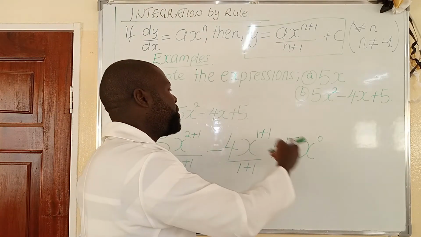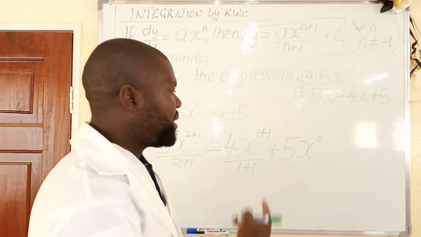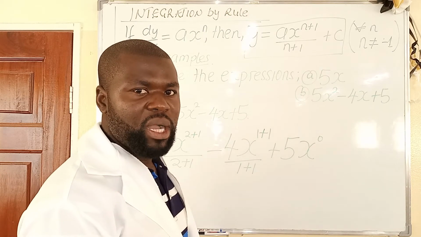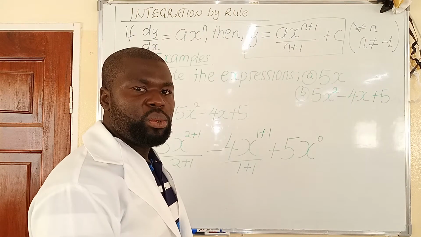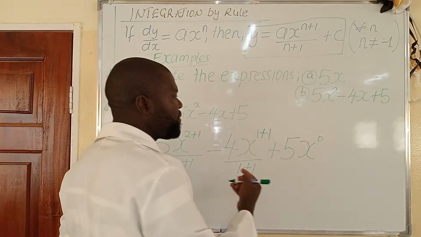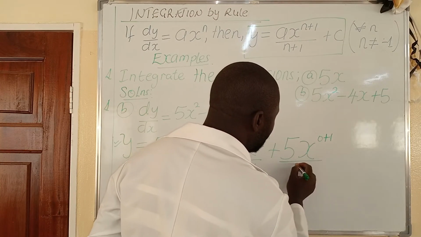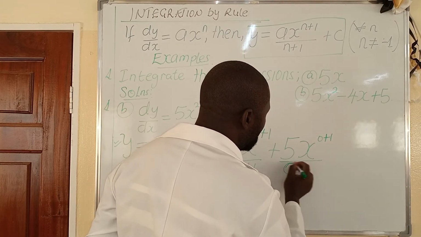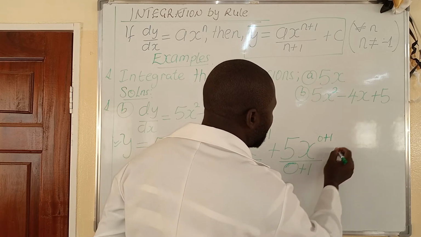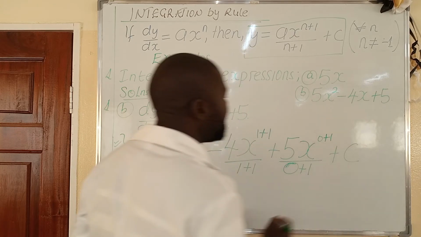That's why it was just removed. But as we do our calculation, we need to reintroduce it. So we add the 1 to the power, we divide by the new power, then we say plus c.